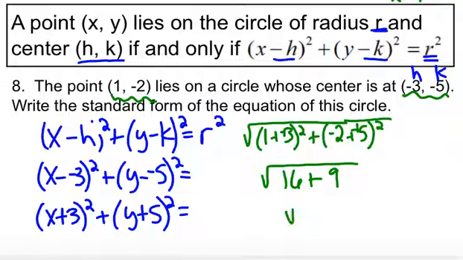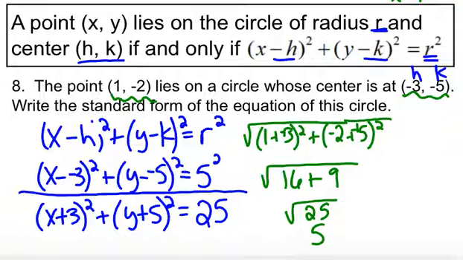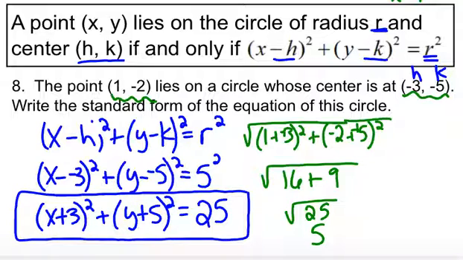So the square root of 25. So our distance between those 2 points is 5. That's our radius is 5. And we have to square it. So 25. So this is the equation of a circle with center of (-3, -5), and it passes through the point (1, -2).